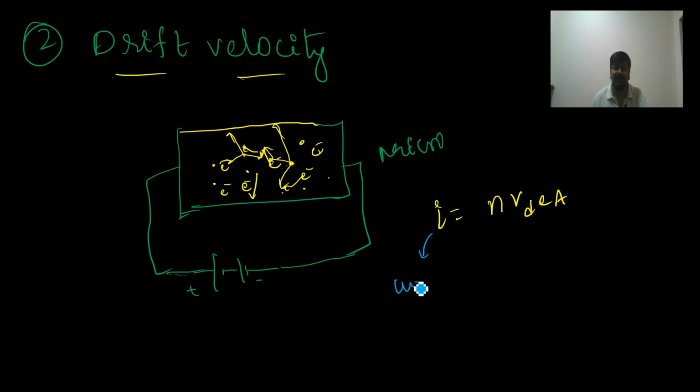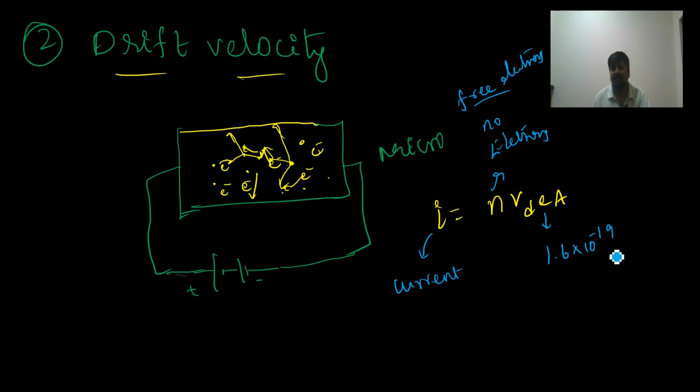So this is the current, n is the number of free electrons, and e is the charge of an electron, 1.6 × 10^-19 coulomb. A is the area of cross section of the conductor, and this is the drift velocity.